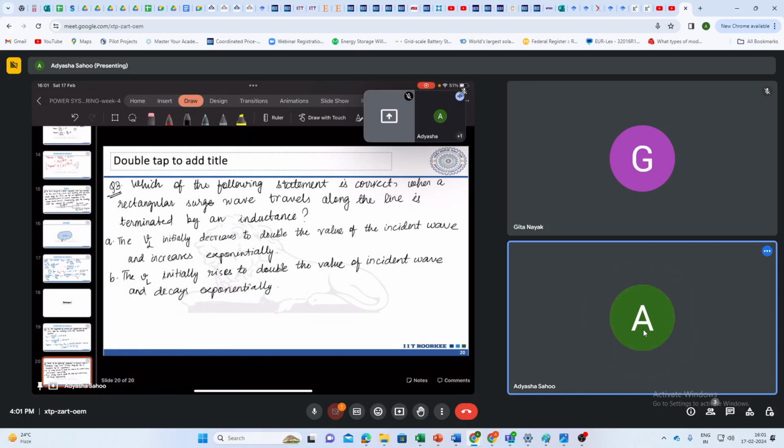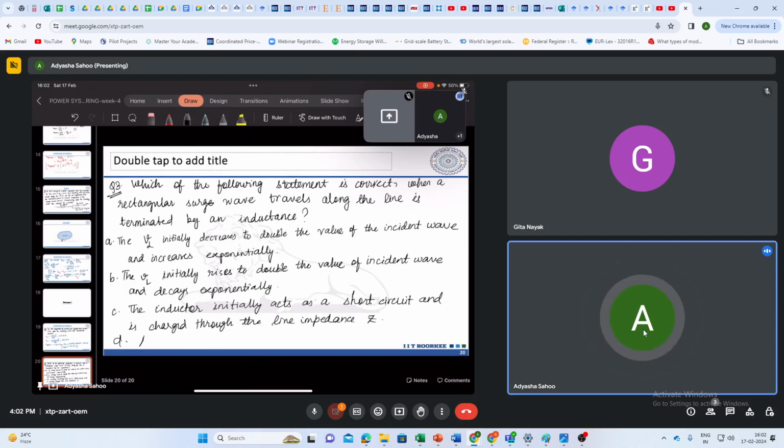Third says the inductor initially acts as a short circuit and is charged through the line impedance Z. D is any of them.